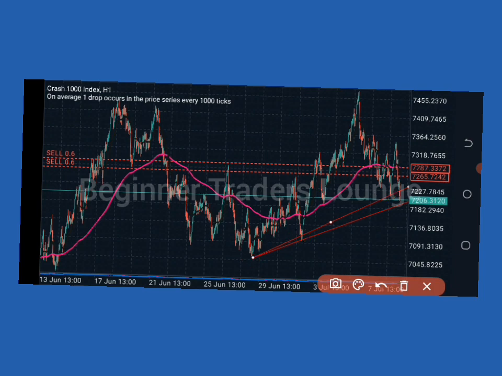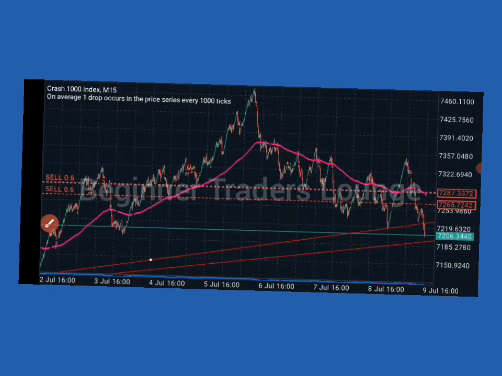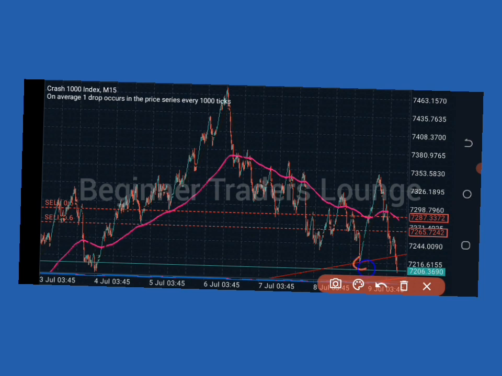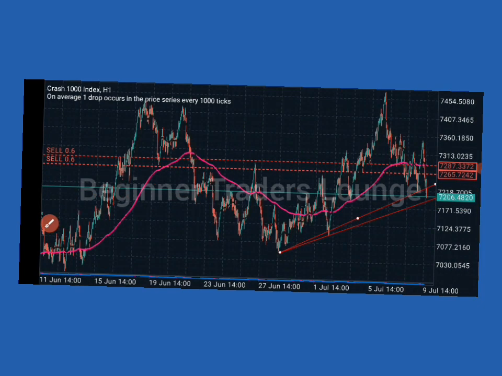And as you can see, if I switch to a lower time frame now, 15 minutes, you can see what I'm talking about. This is the reaction here, and also it bounced on it here as resistance, as you can see. So that is the reason why you should be using multi-time frame.